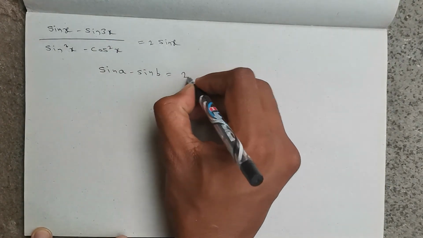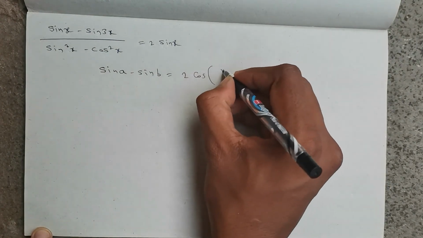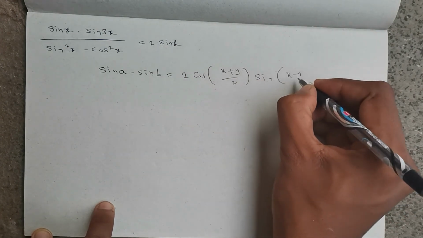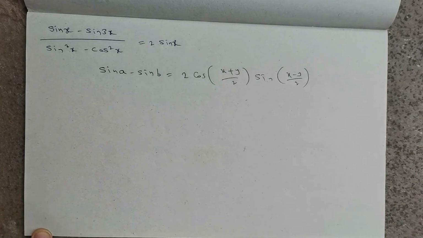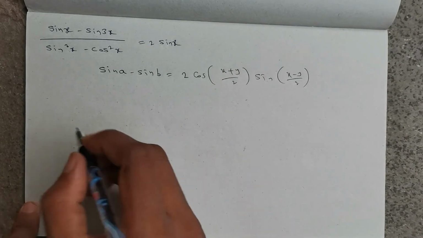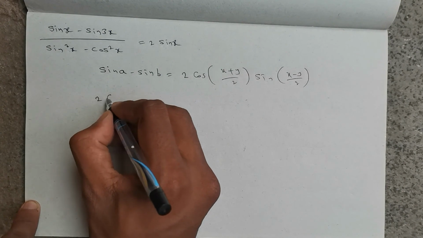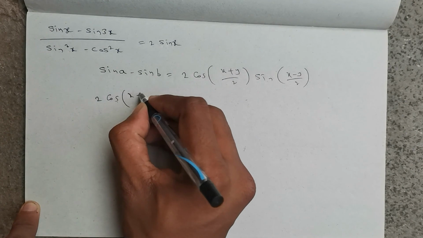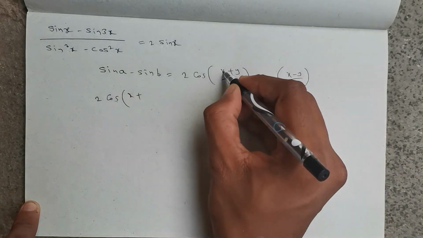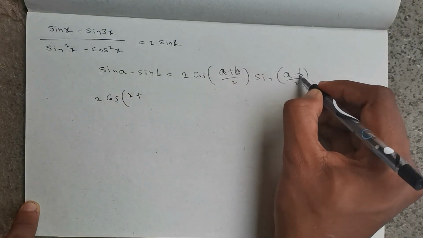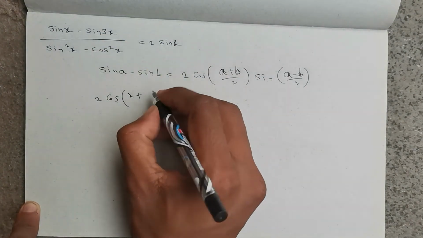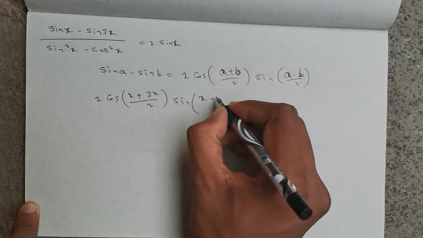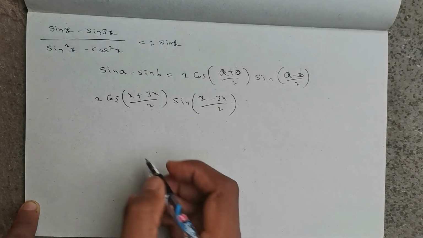So the sin a minus sin b formula is 2 cos of (a plus b) by 2 into sin of (a minus b) by 2. If we apply that, 2 into cos of, in the place of a, x as it is, plus, in the place of b, 3x, divided by 2, into sin of (x minus 3x) by 2.